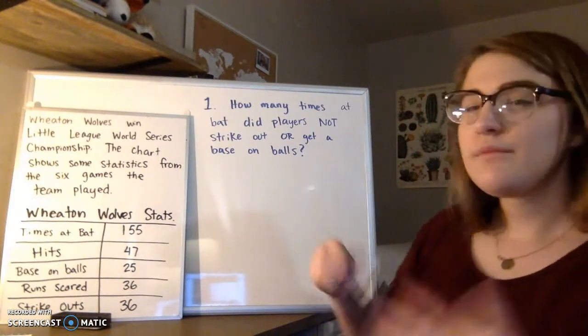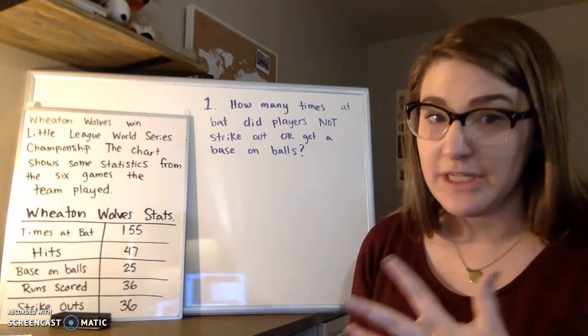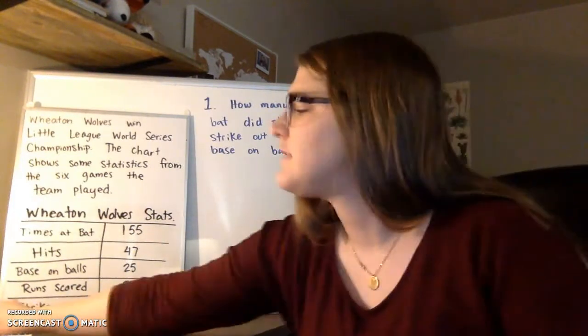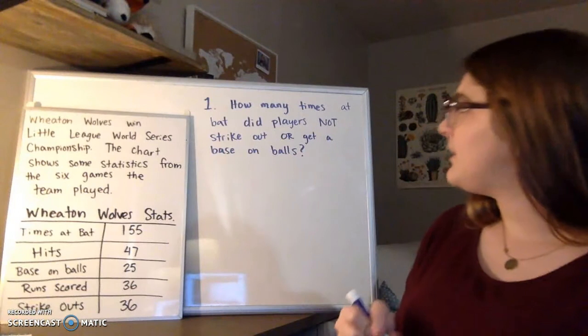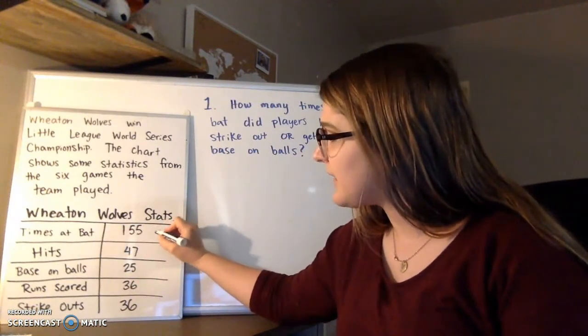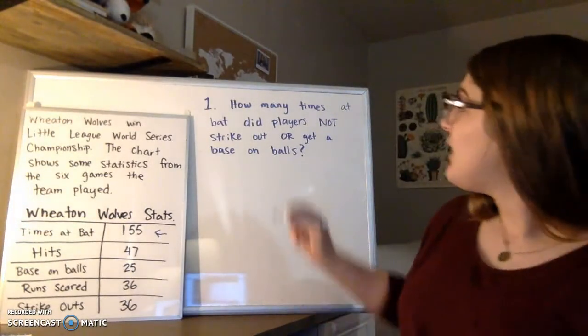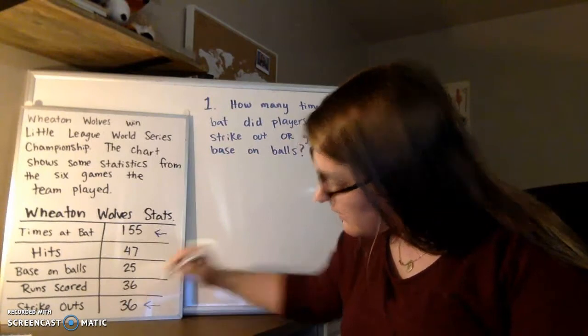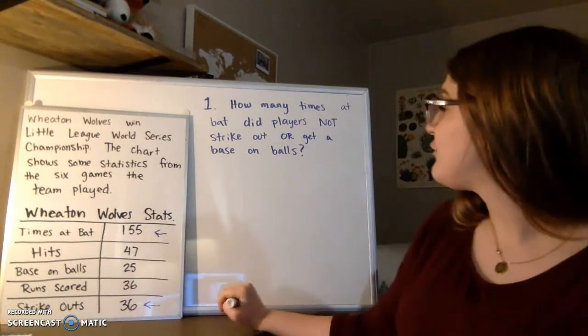So, first, we're going to identify the information from our statistics that we're actually going to be using. Okay, so in our word problem, it mentions times at bat, which was 155. It also mentions strikeouts, which is down here at the bottom of our graph.